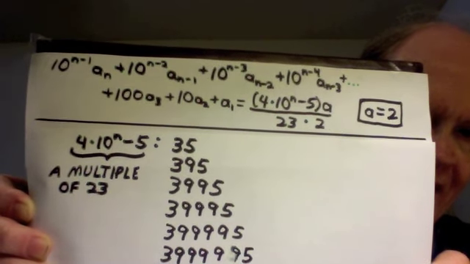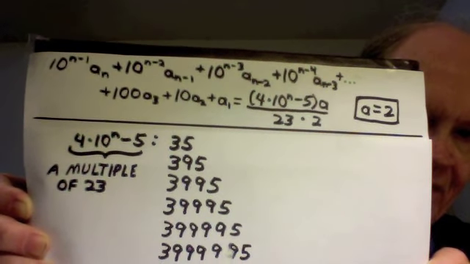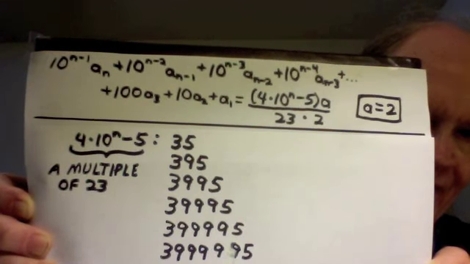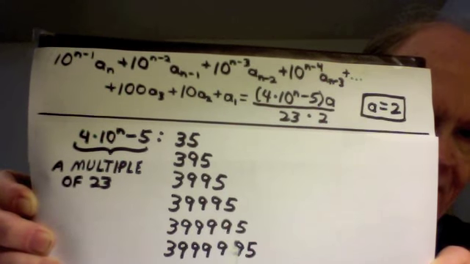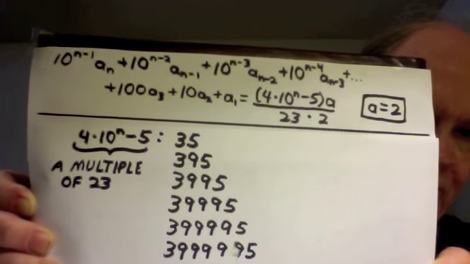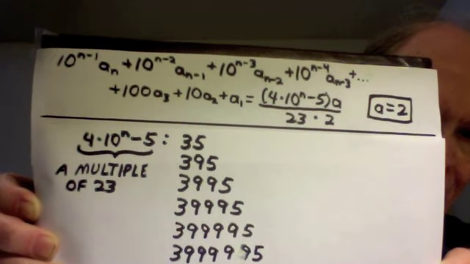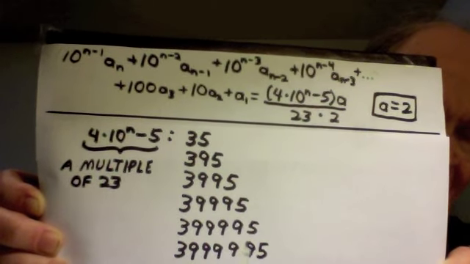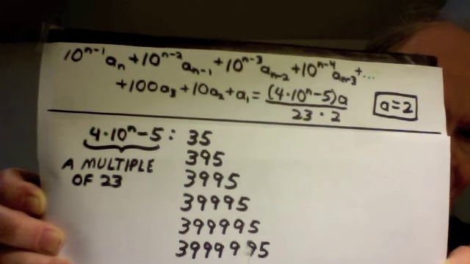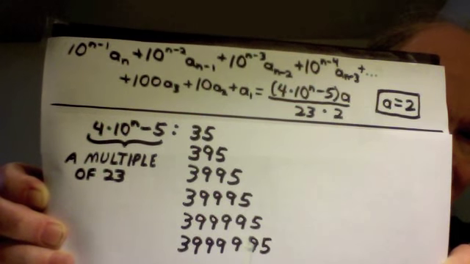If we would get a remainder of 1, that's 11, then we could bring down the 5 and bring an end to this division. So, we need to divide 23 into a 3 followed by a string of 9s until we get a remainder of 11, and then we bring down the final 5 and conclude the division.